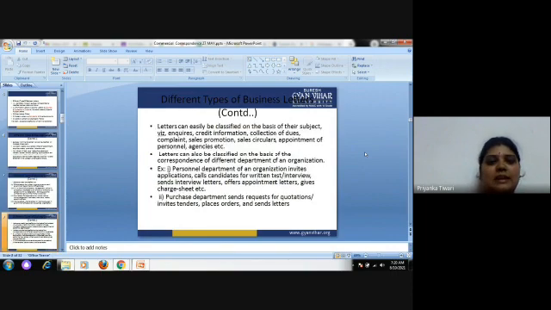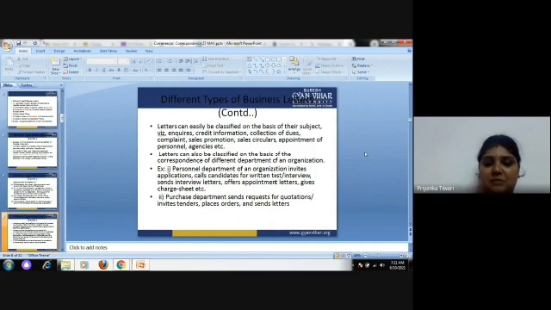Letters can also be classified on the basis of subject: inquiries, credit information, collection of dues, complaints, sales promotion, sales circulars, and appointment of agencies. They can also be classified on the basis of the correspondence of different departments of an organization.